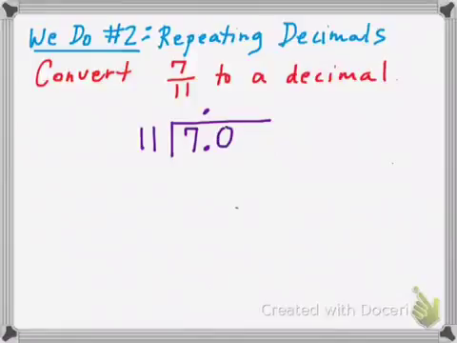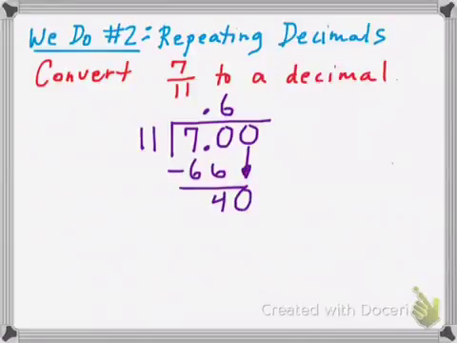11 can go into, now you can think of this as 70. 11 can go into 70 6 whole times, and I know that 6 times 11 is 66, and then I subtract. 70 minus 66, I know is 4. 11 can't go into 4, so I add another 0, and then I go ahead and bring that down.